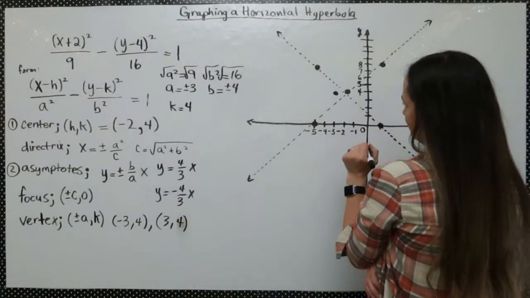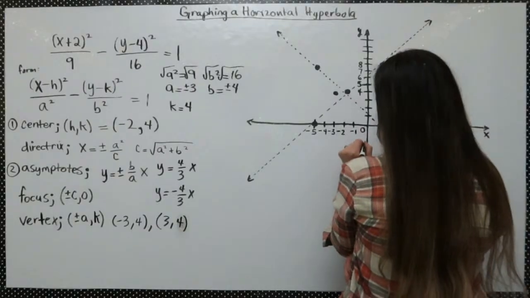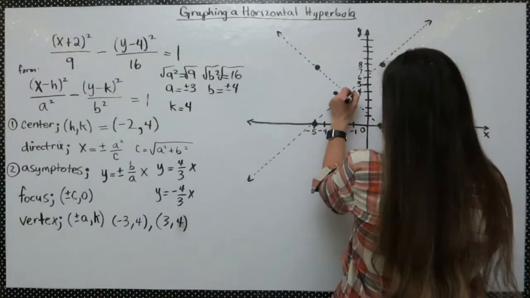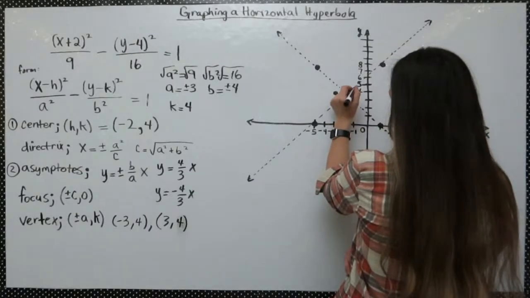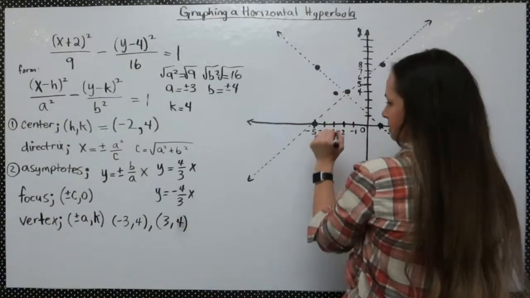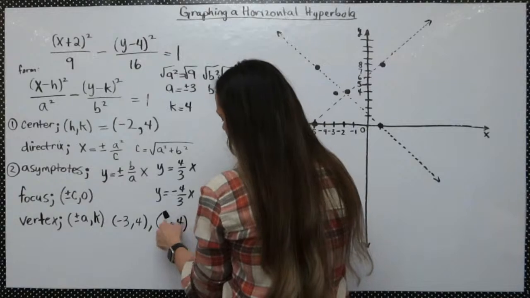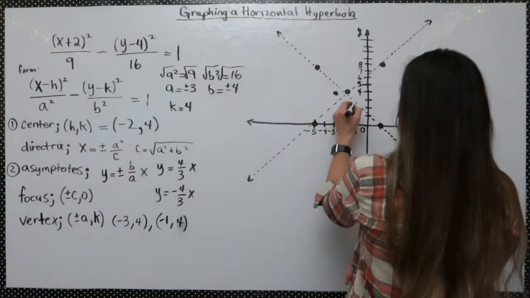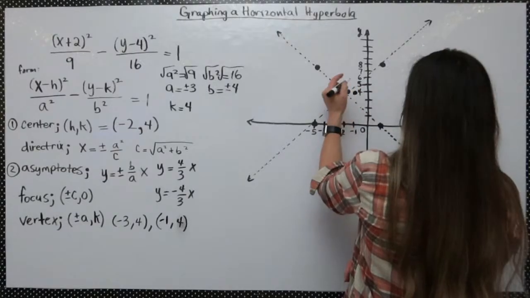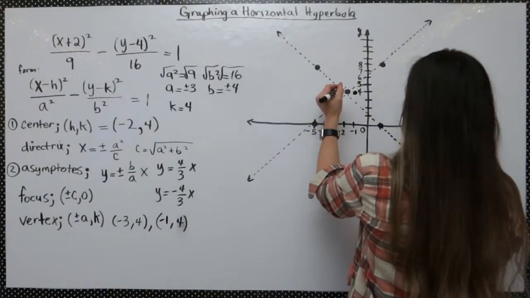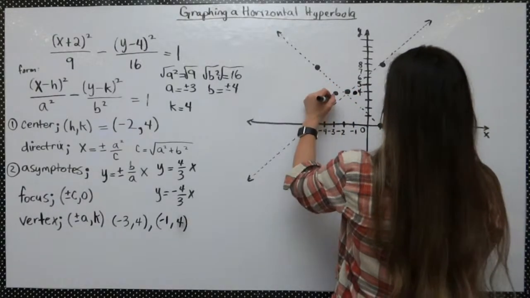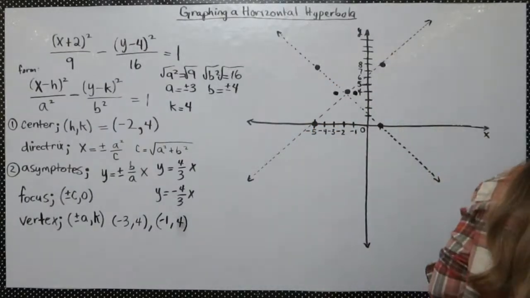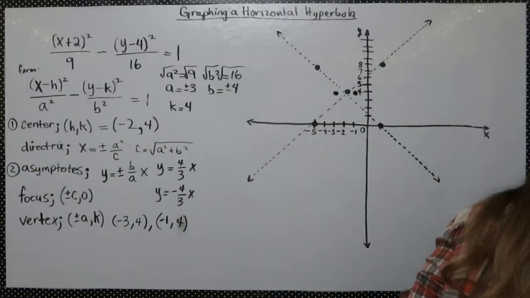The other vertices is going to be at negative 1, comma 4. I can see it right here. So we've got negative 3, 4, and negative 1, 4. Interesting. I have to pull up the tab and look.